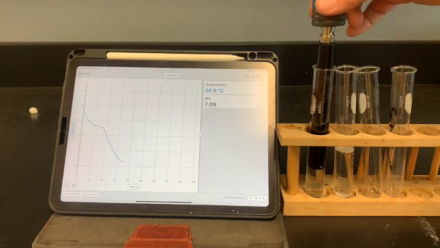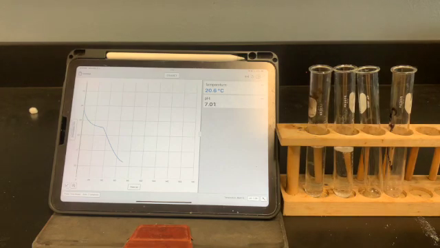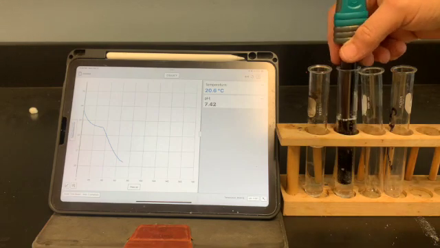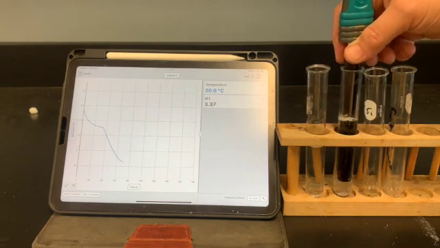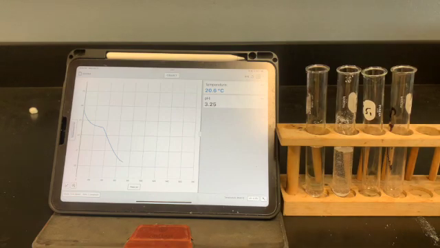Okay? And then I'm also going to verify it with universal indicator. So I'm going to get a pH reading for all of these, and see, that one's different.